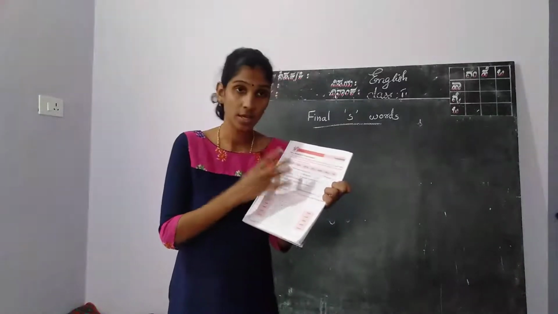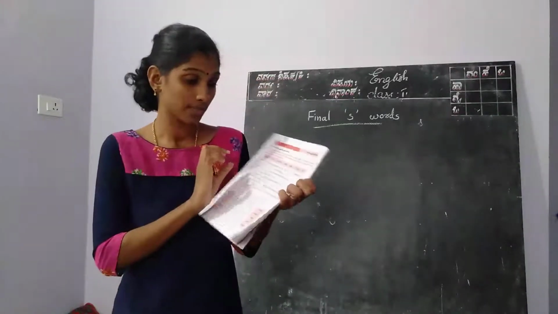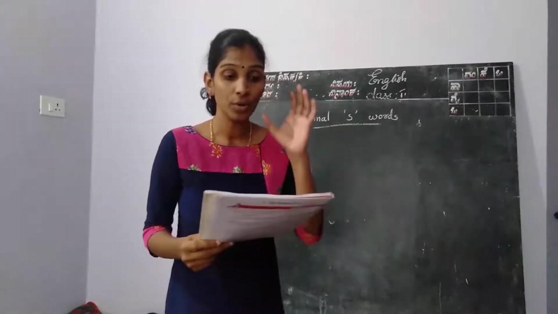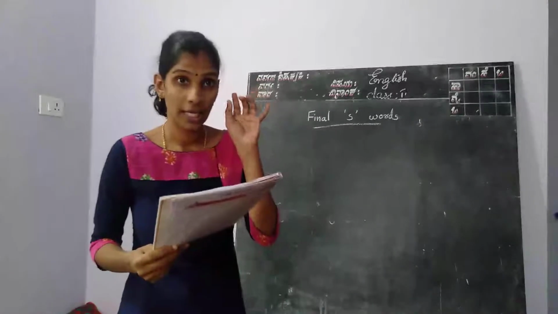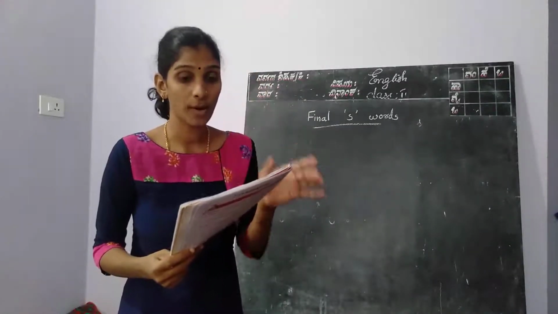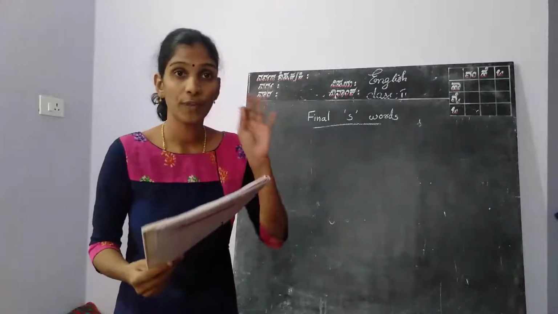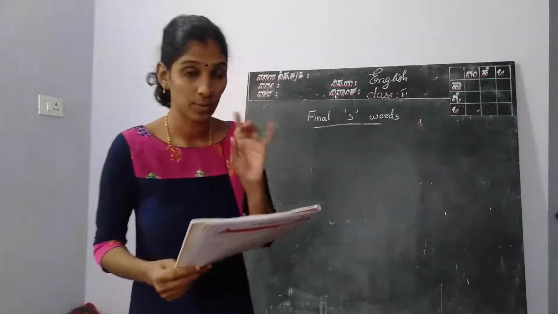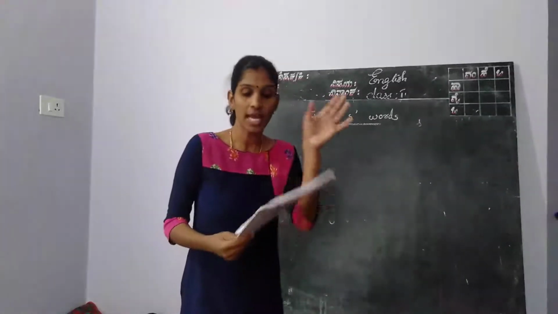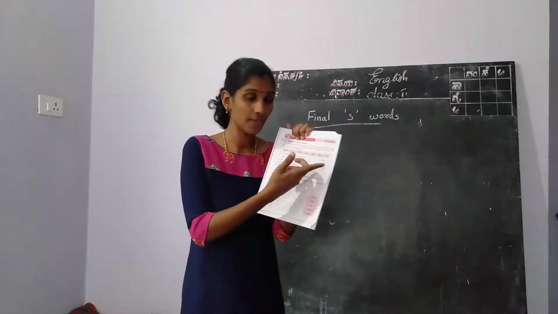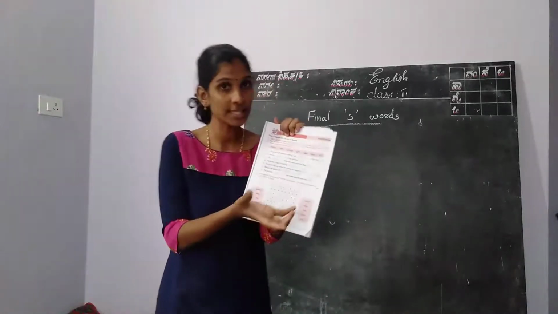With the first blanks, what we have to do? We have to fill in the correct word from the box, and make the sentence correct by using it. And at last, one more blank is there for each sentence.